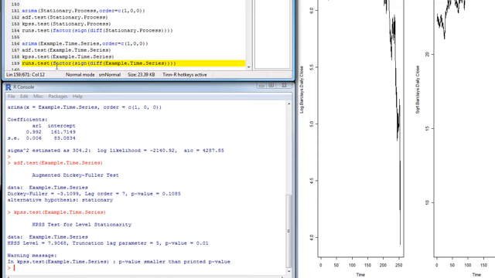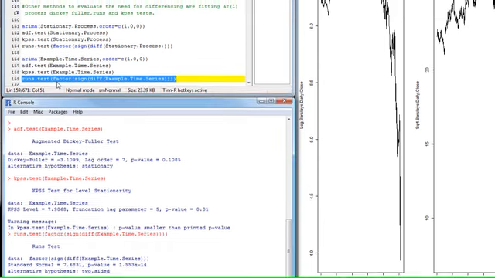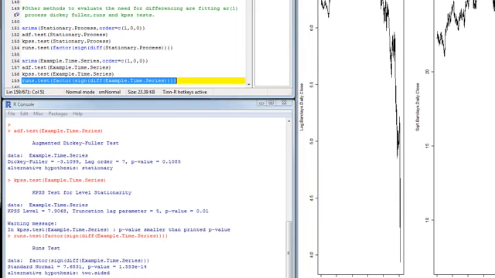Similar to before, we can run a runs test. By going through the runs test, we accept the alternative hypothesis that the process is two-sided and non-stationary.